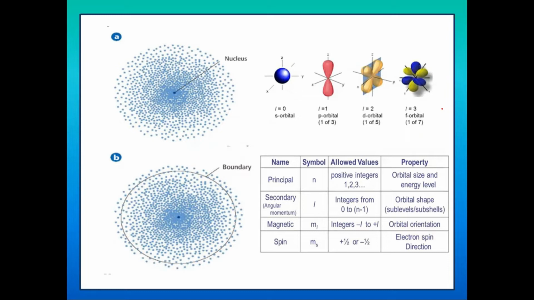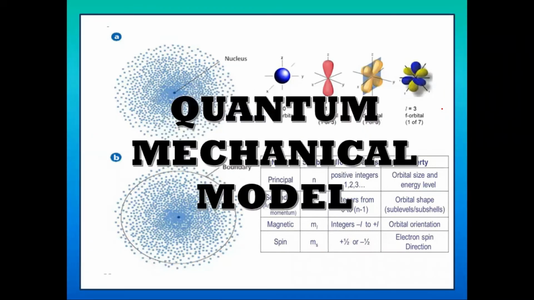From our previous discussion, you've learned about the concept of the quantum mechanical model. In this topic, you've realized that this model allows us to determine the probable location of electrons, as well as gives us information on the proper way to describe its energy through quantum numbers.